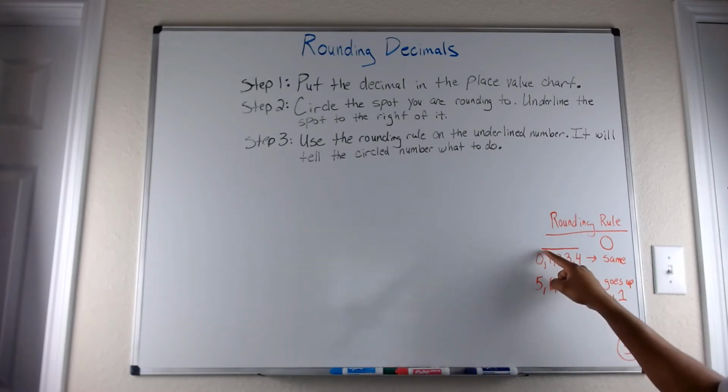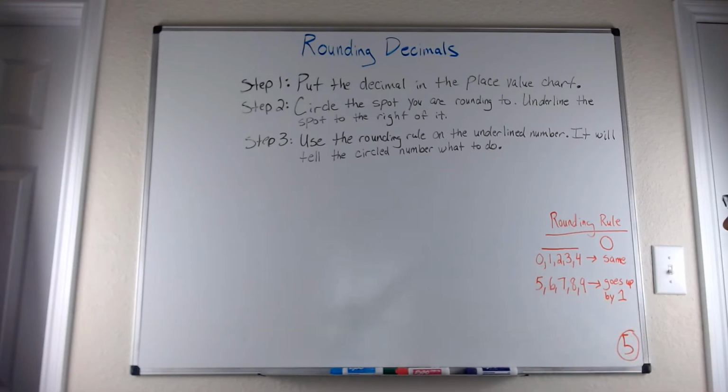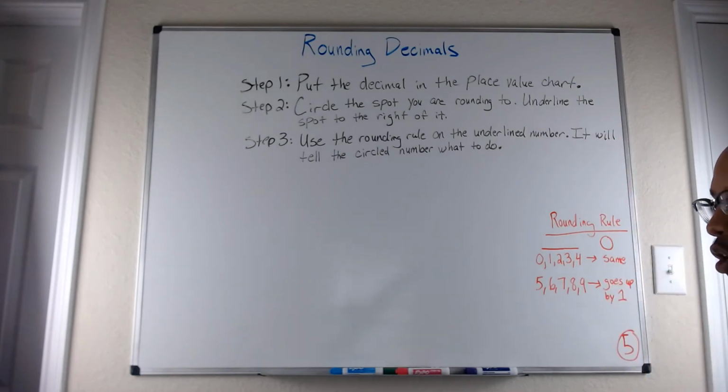But if the underlined spot that you're looking at is 5, 6, 7, 8, or 9, it's going to tell the circled spot that you're focusing on to go up by 1. Right? It's high enough for you to go up to the next one when you're rounding it.